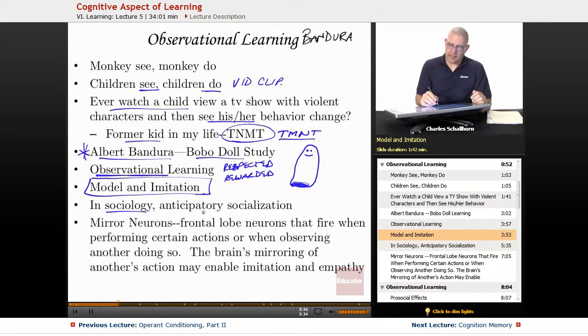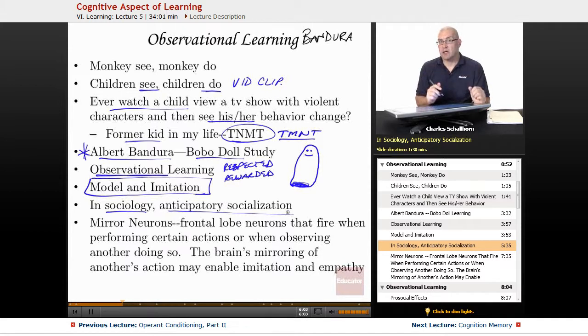In sociology, there's an idea called anticipatory socialization. When you are looking forward to becoming a member of a different reference group or taking on a different role in life, you start acting like that group ahead of time. So people who are going to go into college may start wearing their college t-shirts even though they're not in college yet. They may start having college parties even though they're not going to college yet. So they're anticipating and trying to practice those behaviors ahead of when they get to that particular circumstance.